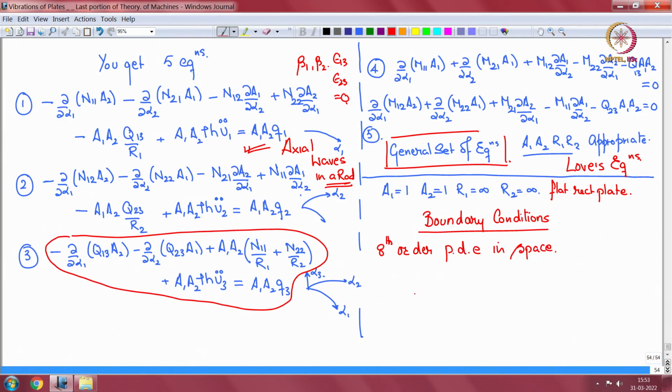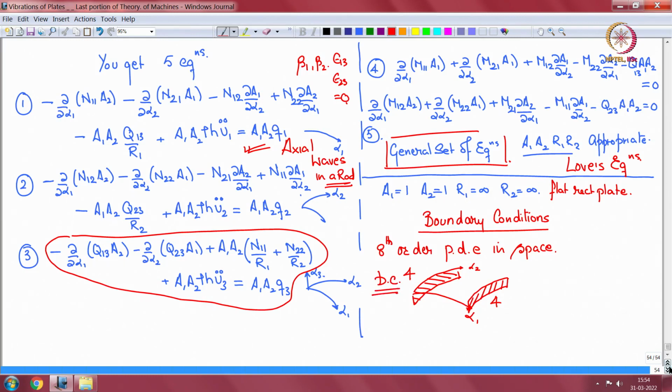And so at a given edge, this is my alpha 1, this is my alpha 2, at a given alpha 1 edge, there can be at most 4 boundary conditions.